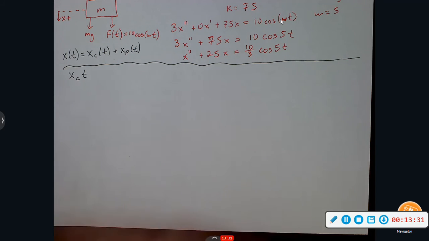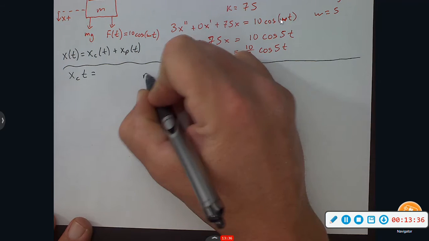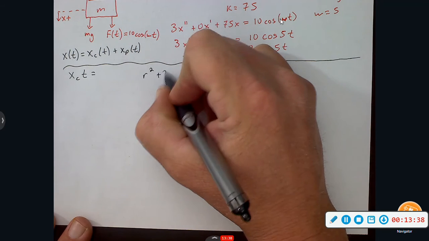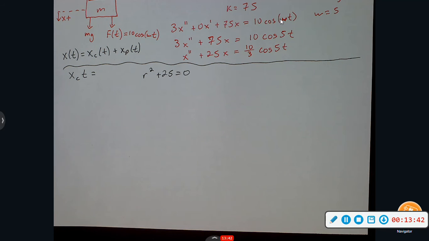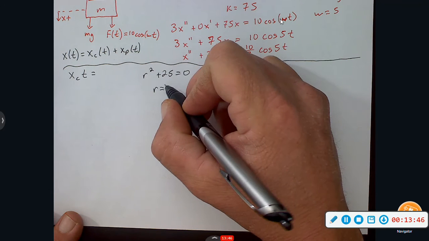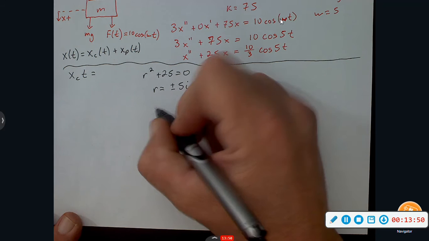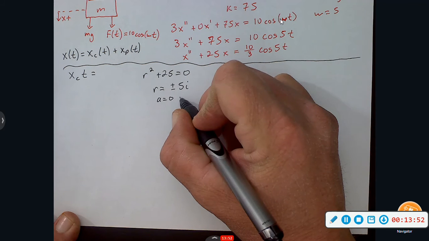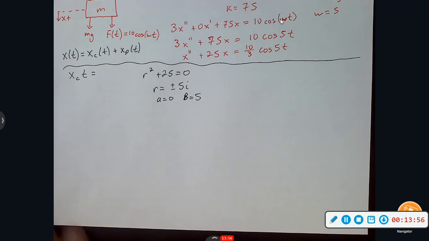So for xc of t, using this, we would know r squared plus 25 equals 0. That's going to be case number 3, imaginary numbers. r equals plus or minus 5i. That means a is 0 and b, I usually use capital B, is 5.